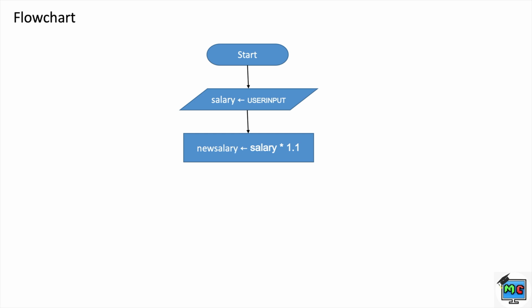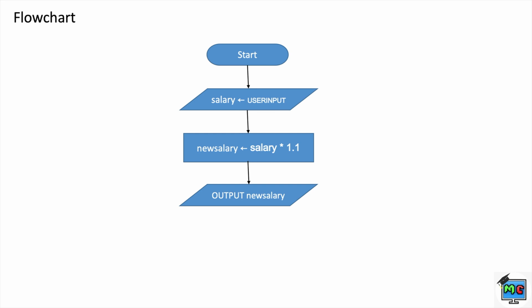What happened next? Output. Again, show your data flow going down this way. Output. Start and end would basically be the same. You output whatever you want to output, and then you end it here. Output, and then you do new salary.